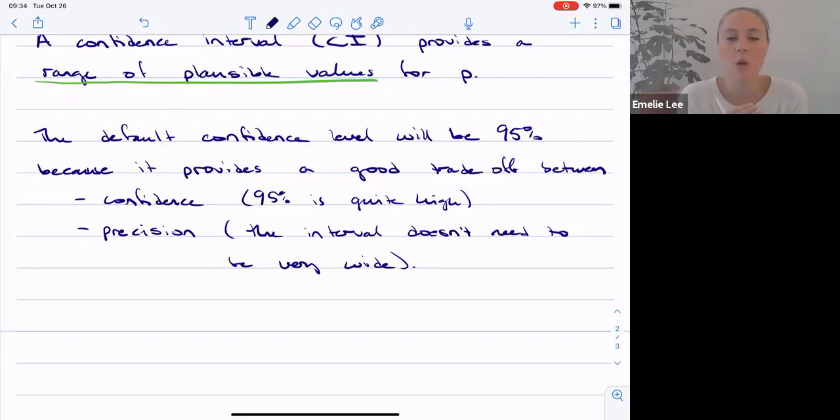If I said I live 10 kilometers away from the school, nice and close-ish, but then said plus minus 100 kilometers, that's pretty useless, because I've lost that precision. I'm 100% confident that I have captured the actual distance to the school, but I had to make my interval so wide.